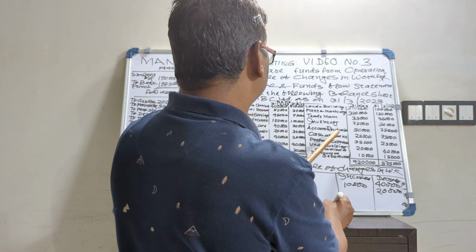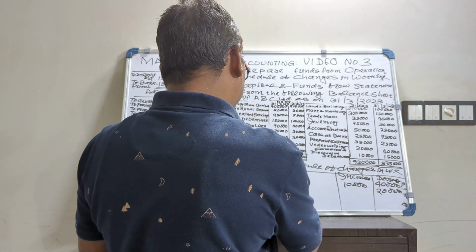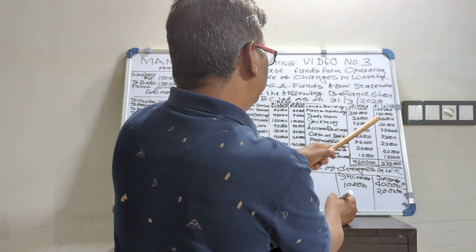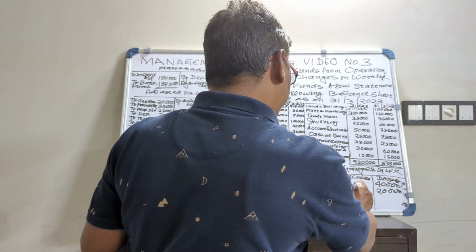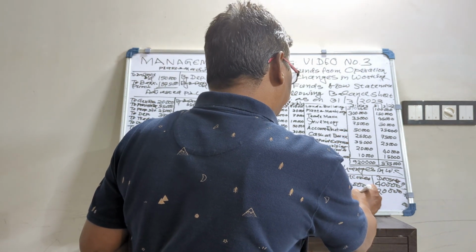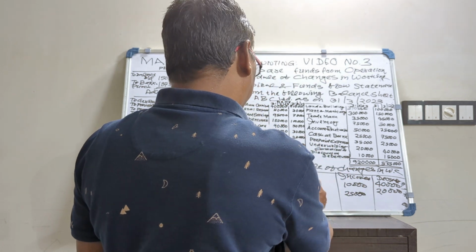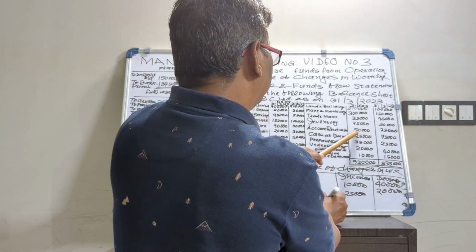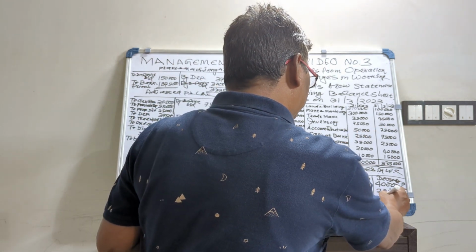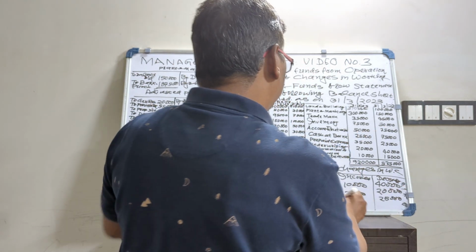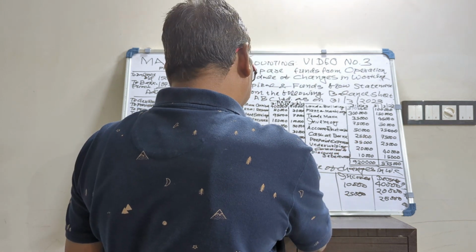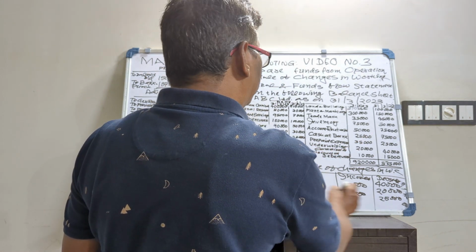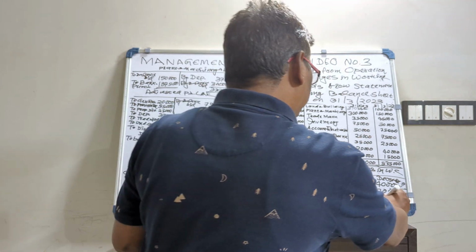Then it is inventory increase 25,000, so increase in working capital 25,000. Then accounts receivable, it is decrease 25,000, that is decrease 25,000. Then cash at bank decrease 50,000 right here.